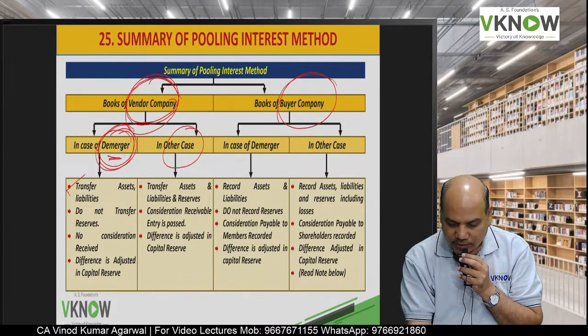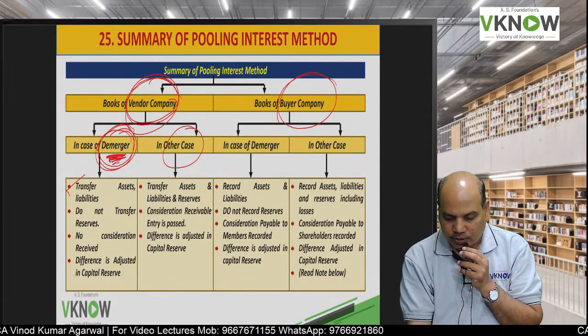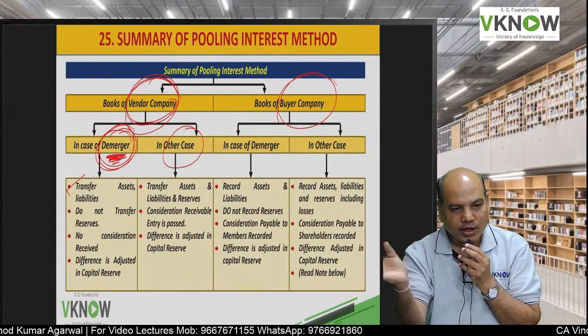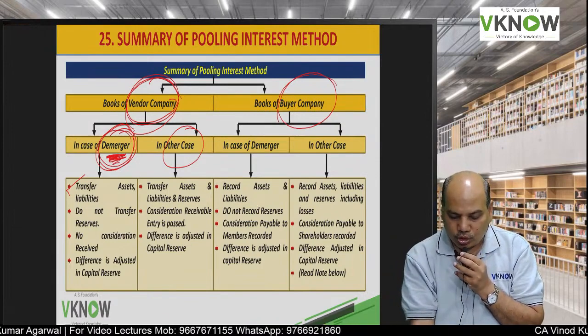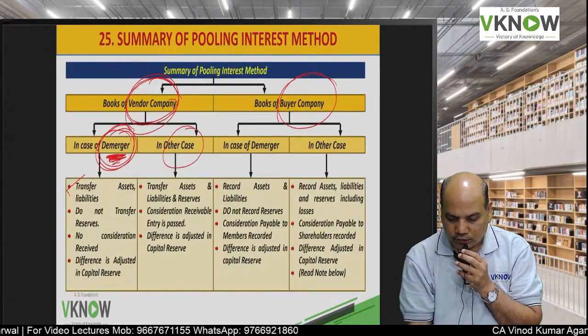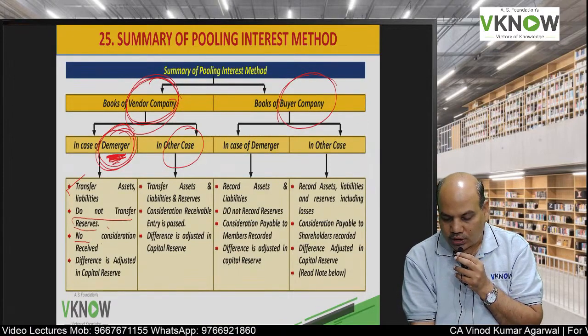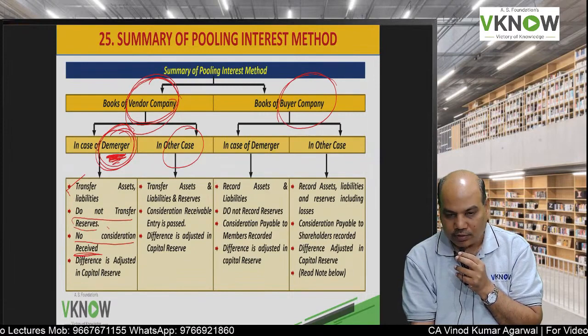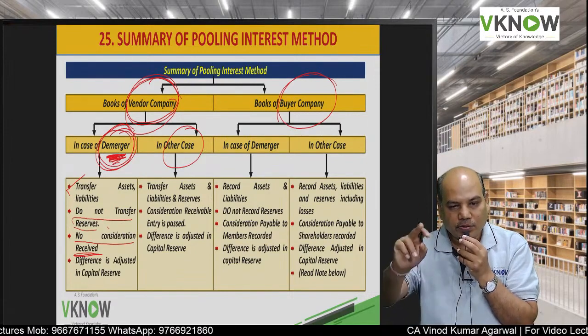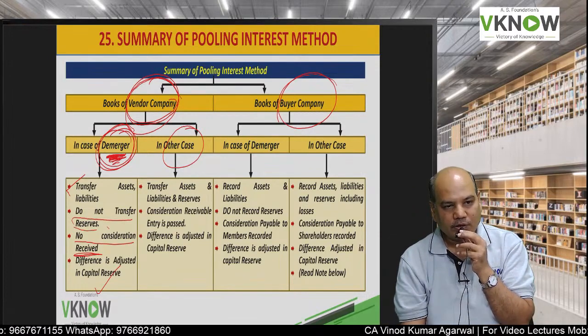In case of demerger, please note, it is one company, and a division does not have reserve. Do not transfer reserve in case of demerger. No consideration is received by the seller. The consideration is received by the shareholder and the difference is adjusted in capital reserve.